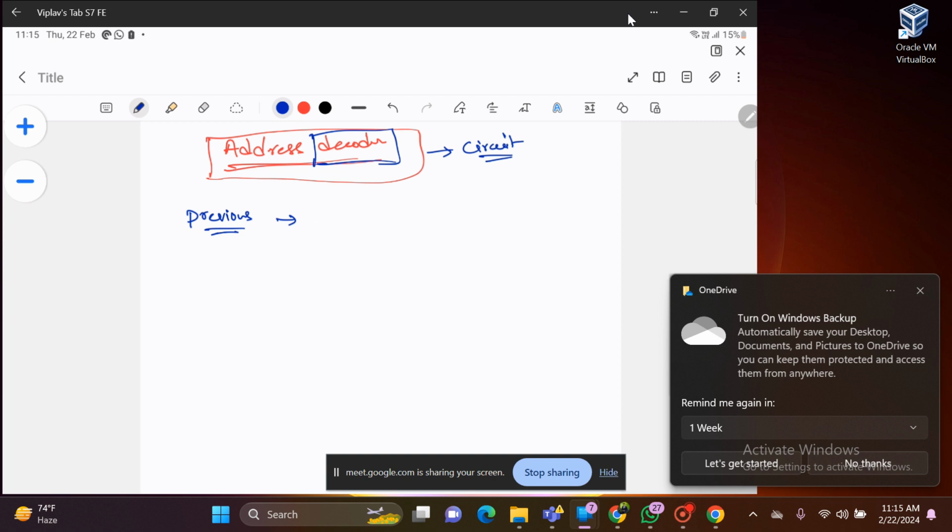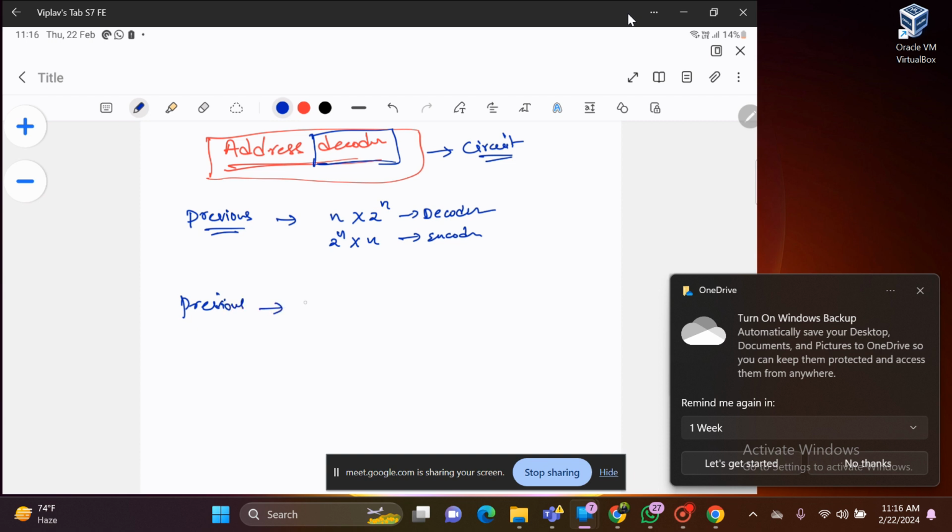It is an electronic circuit where the input is n and the output is 2 power n. An encoder is the opposite: 2 power n is the input and n is the output.